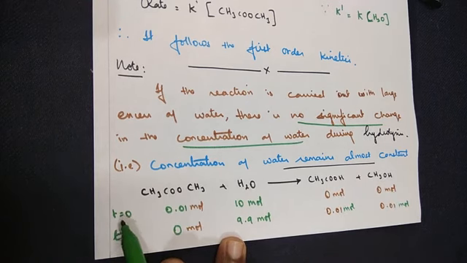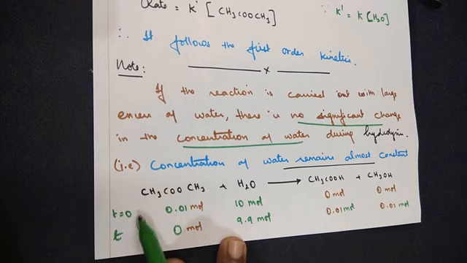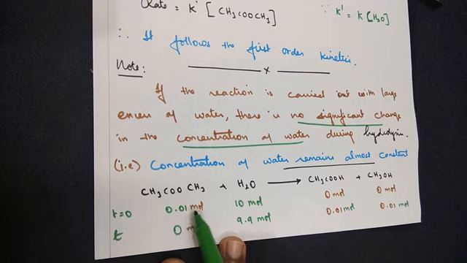Ester, you are treating it with water, we get acid plus alcohol. Consider t equals 0 as the initial time, and t as the reaction after some time. So this is the initial reaction and this is the reaction after some time. Initially the concentration of the ester is 0.01 mole, and the concentration of water is 10 mole.